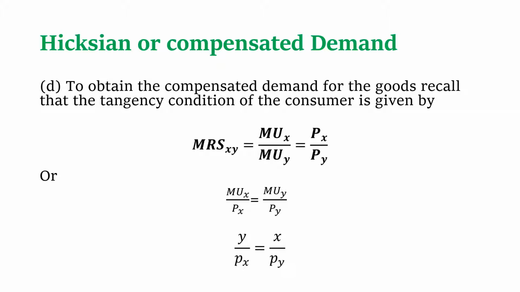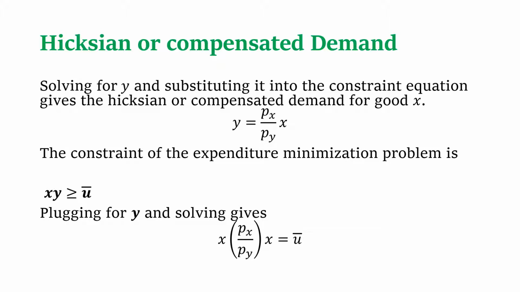So that is the marginal utility per dollar spent. Each good must be the same. And this gives us MUx over px equals MUy over py. Now remember, if we equate those two, y over px equals x over py, and then we solve, we're going to have y equals px over py times x, right?